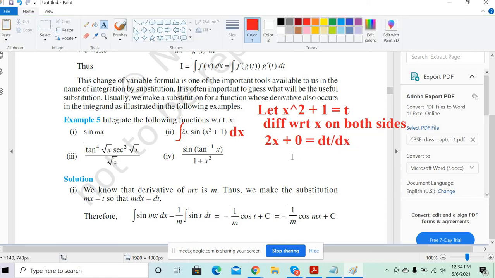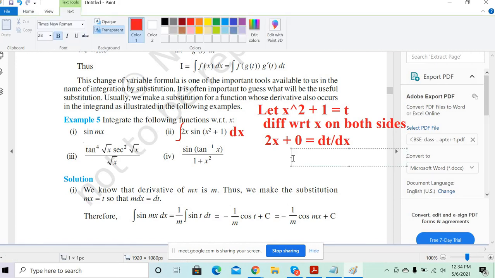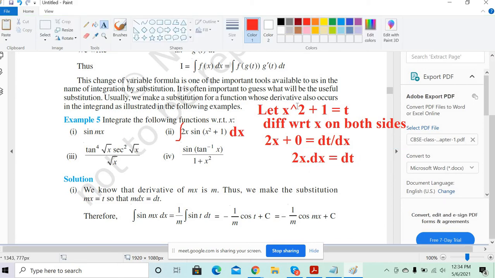Now when you cross multiply, it becomes 2x into dx is equal to dt, correct? Now what is x square plus 1? I have taken it as t. Now I need to substitute everything with respect to t, in the equation here, correct?